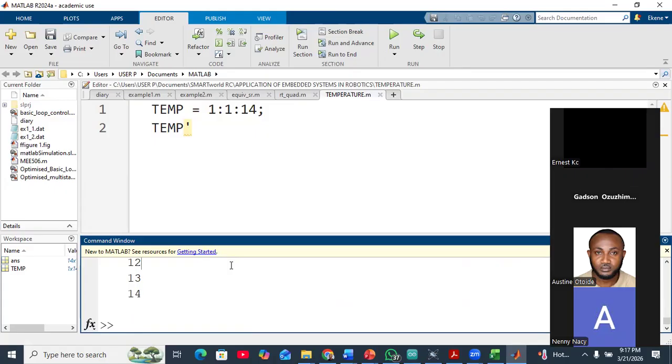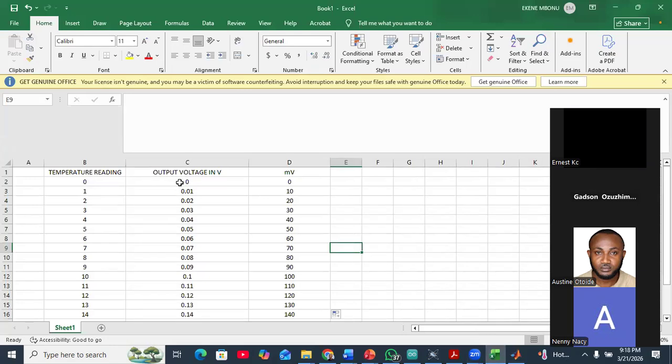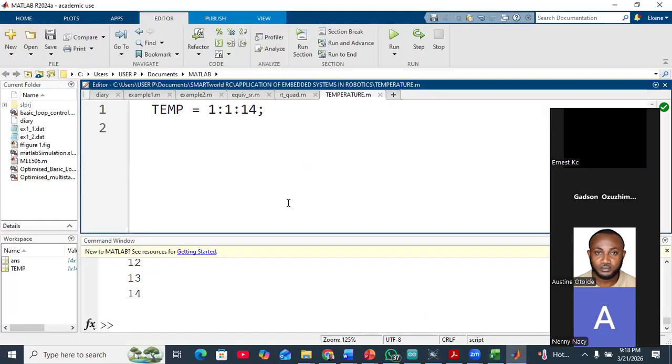That's what we have on the Excel, which we have also generated using MATLAB. And then this is 0.01 up to 0.14.